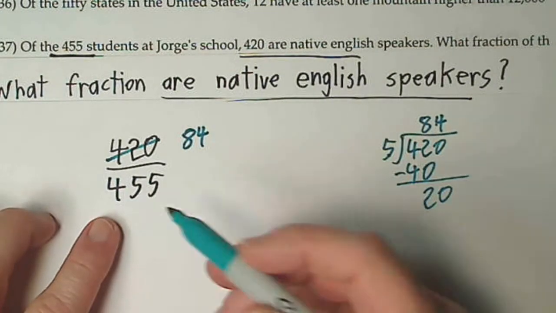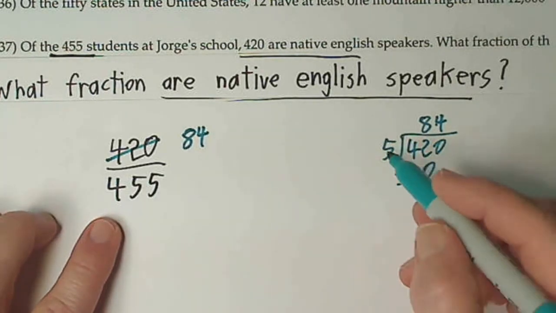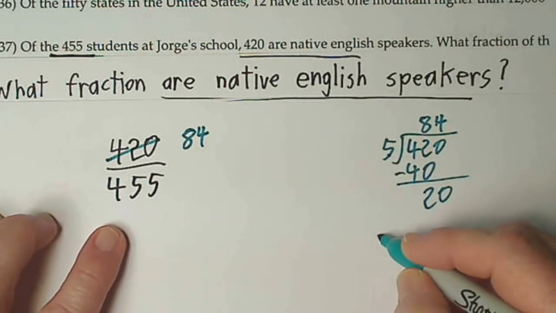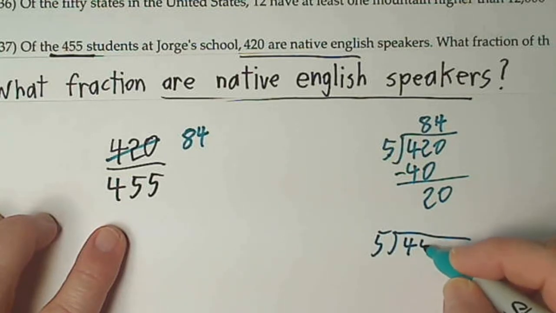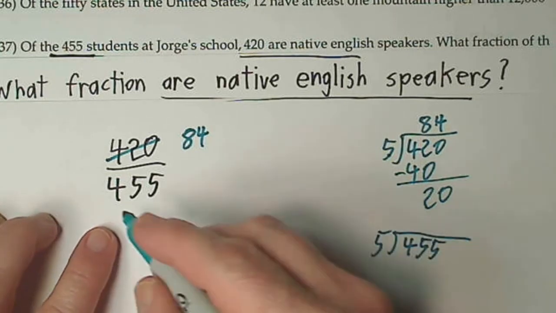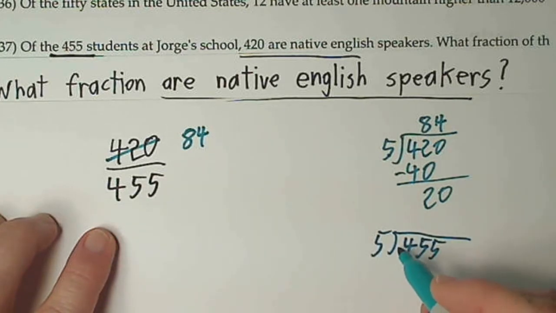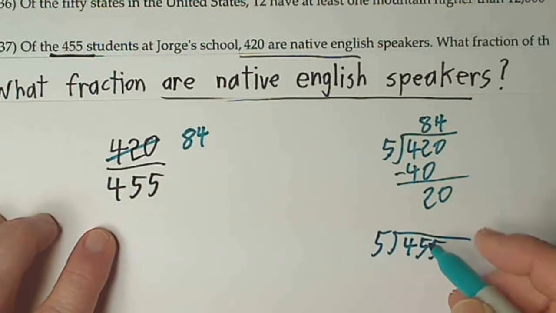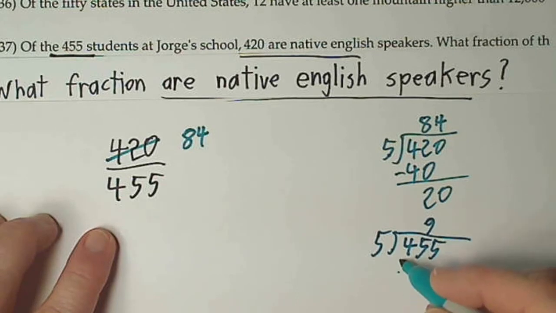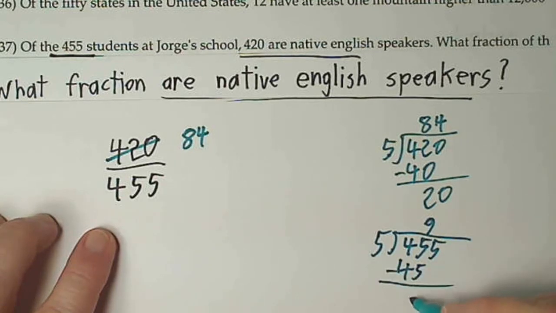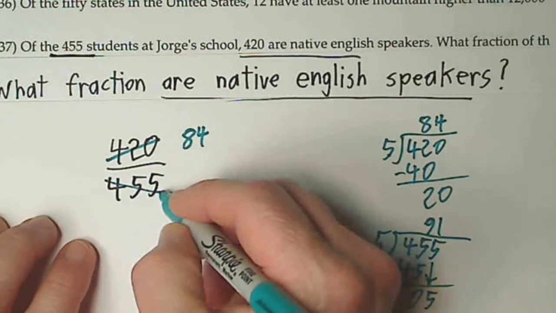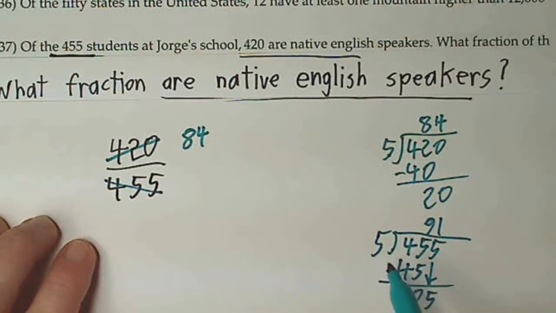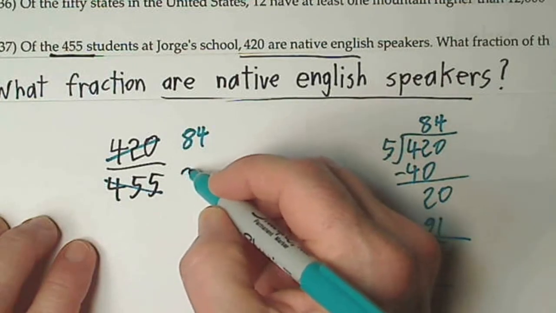And then 455 I have to divide by 5 as well. 455 divided by 5. That goes in there 9 times. 5 goes into 5 once. So 455 divided by 5 is 91.